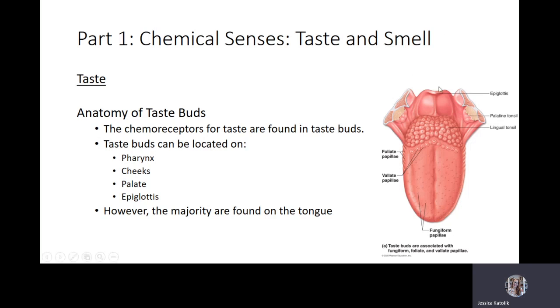The epiglottis is an odd structure in our throat. It functions to close our airway as we're swallowing food, so food doesn't get stuck in our larynx and trachea. But there can be taste buds located on our epiglottis as well. The majority of our taste buds are found on our tongue, but notice that it's not only the tongue, there are other areas that have taste buds as well.